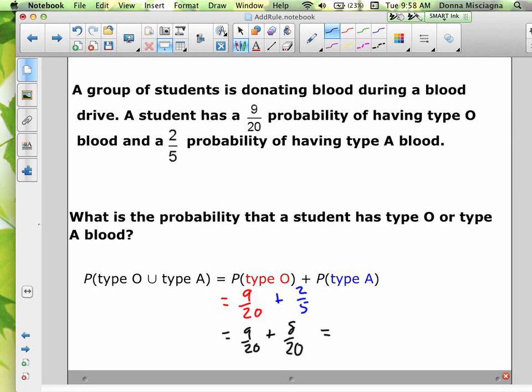So our probability of type O or type A is going to be 17/20. The other 3/20 must have the other types of blood, type B or type AB, which is not A and B at the same time. It's its own blood type. So if they're mutually exclusive, we just add those together.